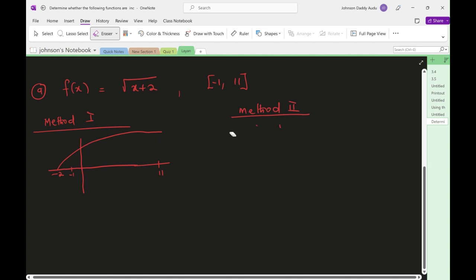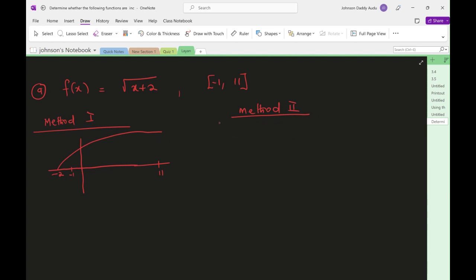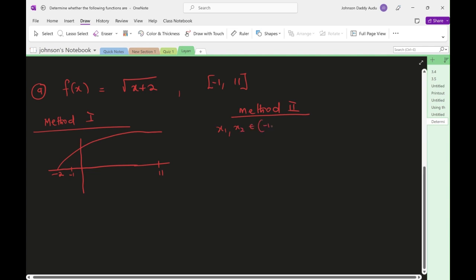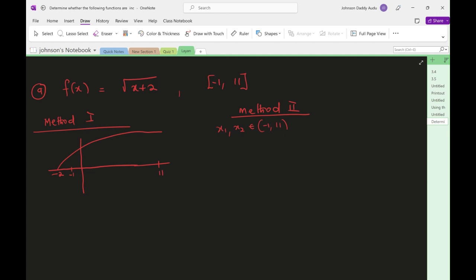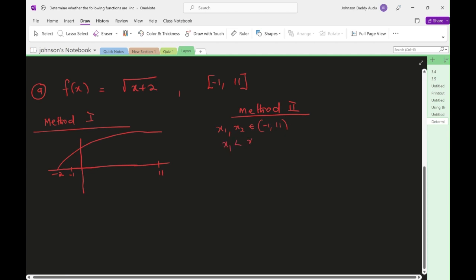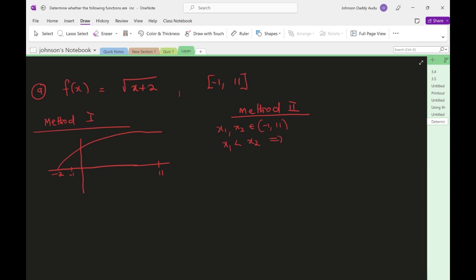If you take any x1, x2 inside -1 and 11, such that x1 is less than x2, it implies f of x1 is less than f of x2.